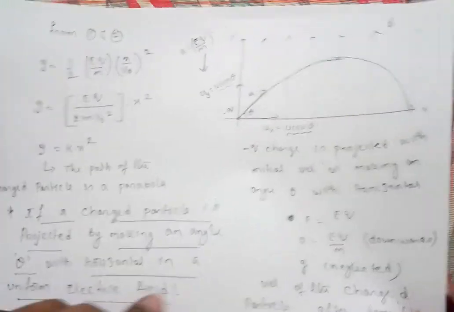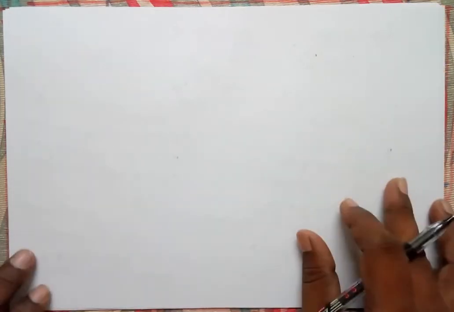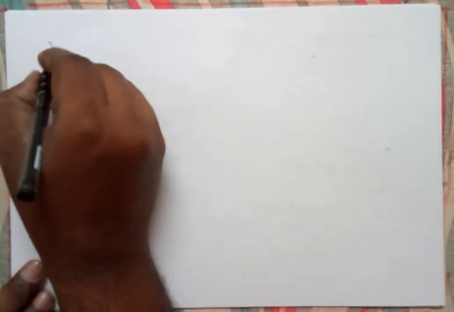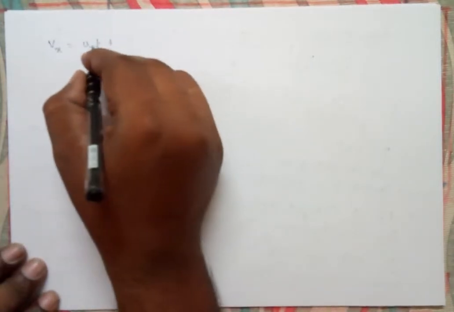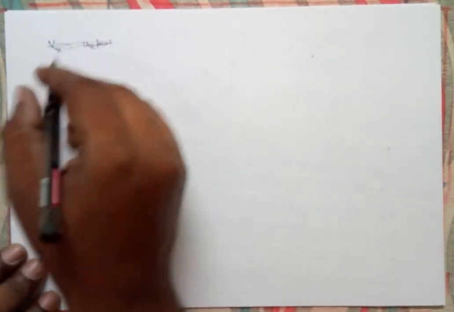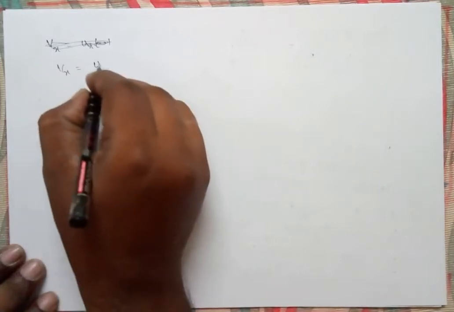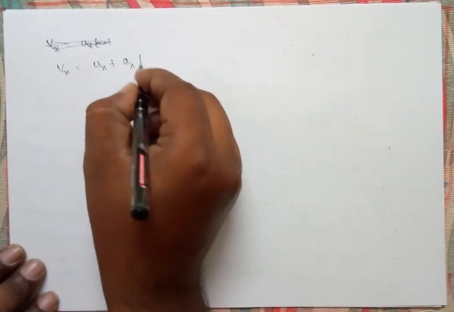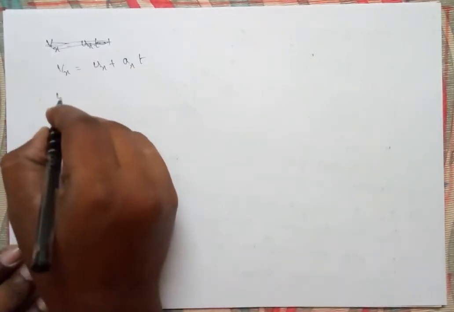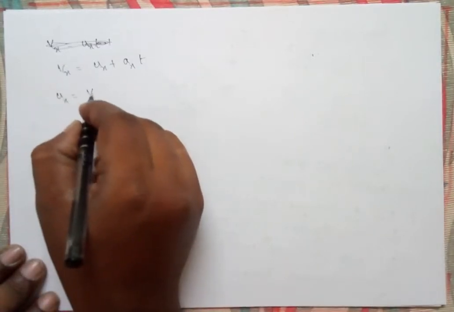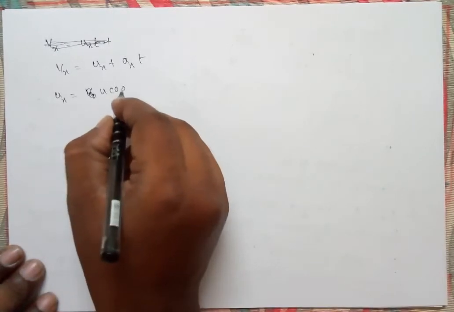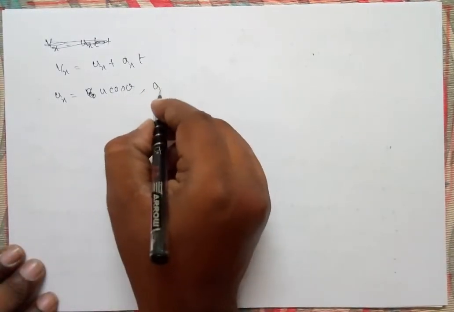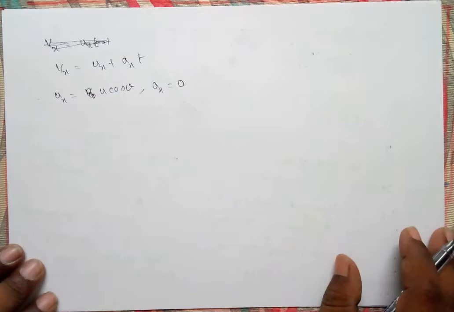We can write vx from the formula vx equals ux plus ax t. Here ux is u cos theta, but along the x-axis there is no acceleration.